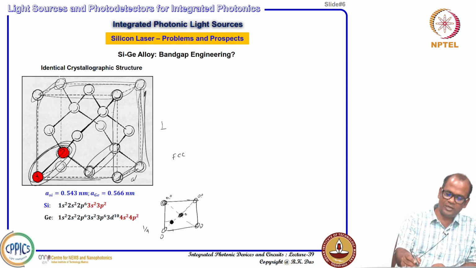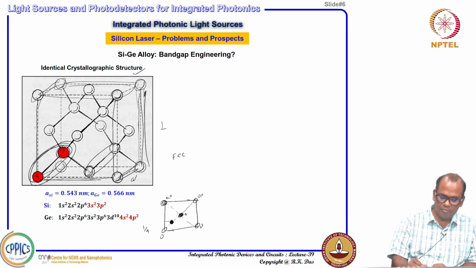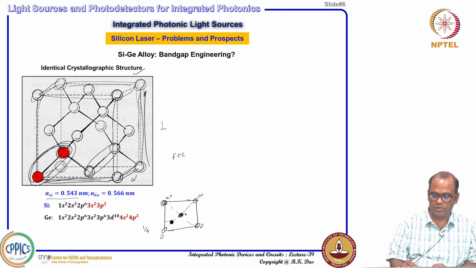Both silicon and germanium crystallographic structures are identical. The only difference is that for silicon the lattice constant is about 5.43 angstrom, and for germanium it is a little higher, 5.66 angstrom, where 10 angstrom means 1 nanometer.